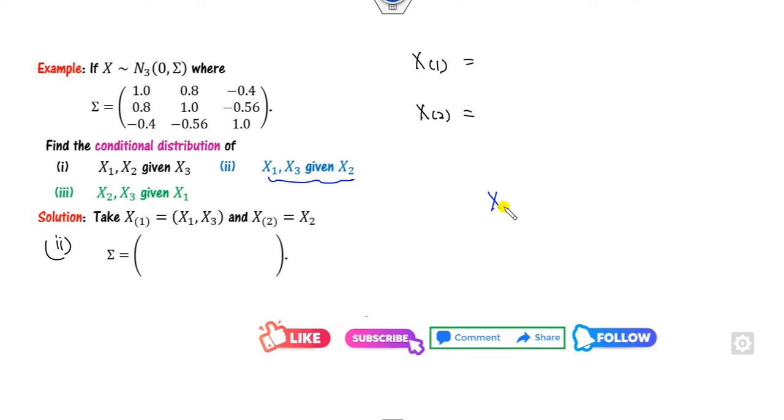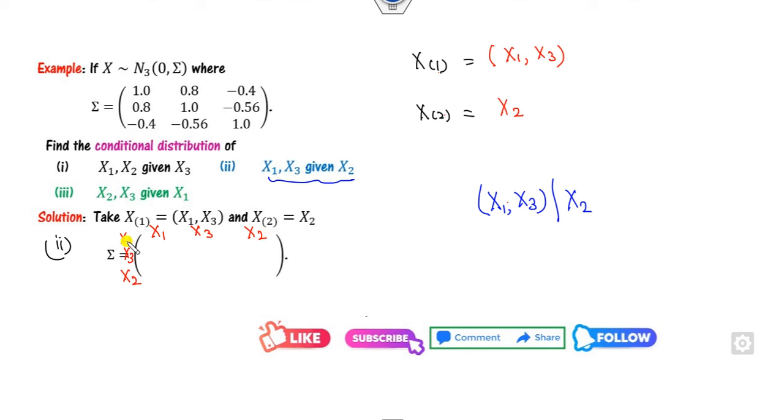Your target is to write this given x2. So that means x1 will be my x1, x3 and x2 will be my this. So what is my sigma? This will be x1, x3, x2, x1, x3, x2.